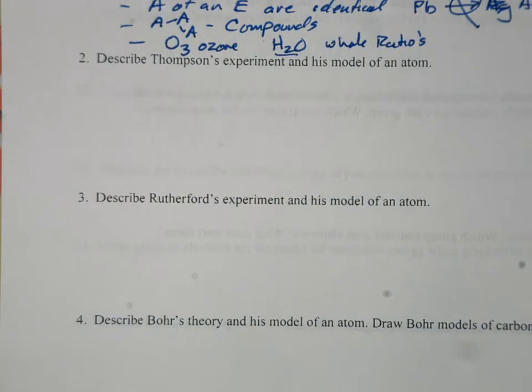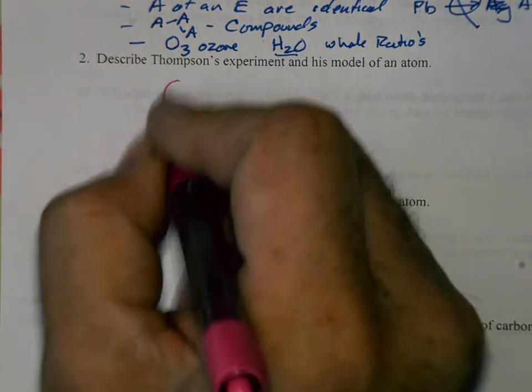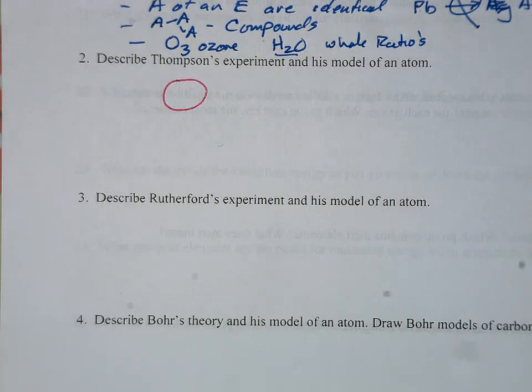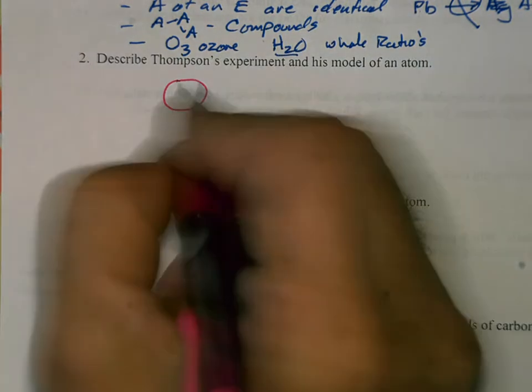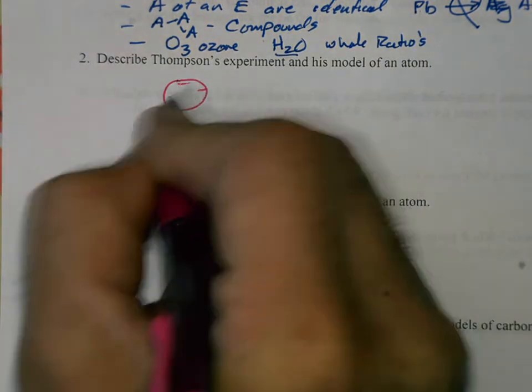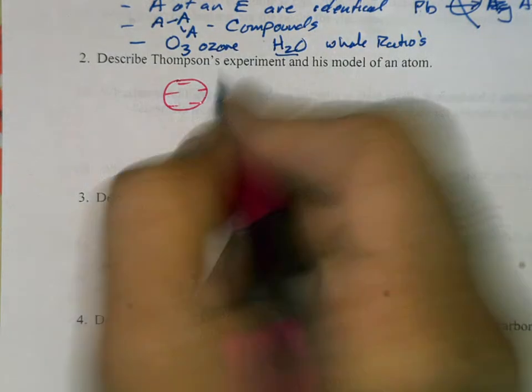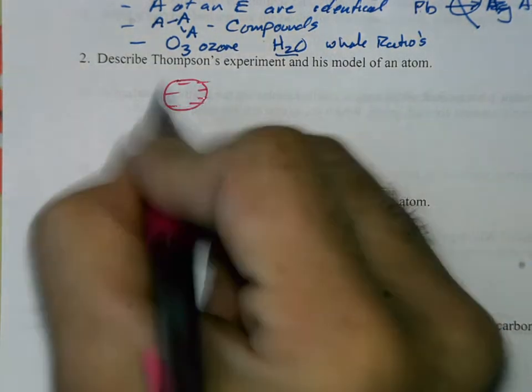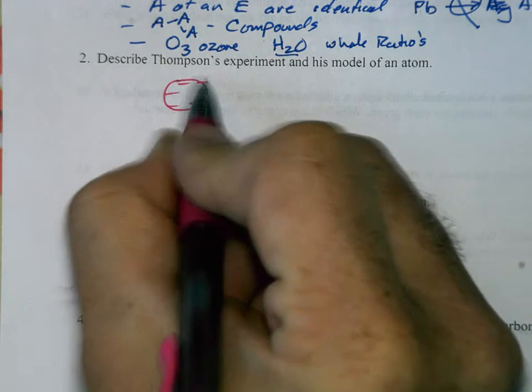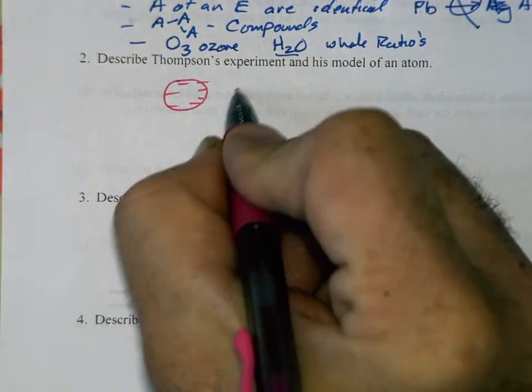Now, Mr. Thomson's idea of the atom. By this time, Mr. Thomson did some experiments, and if we take the circular idea of an atom, he found out, by shooting particles through a cathode ray tube, that the outer part of the atom, anyway, was negative.